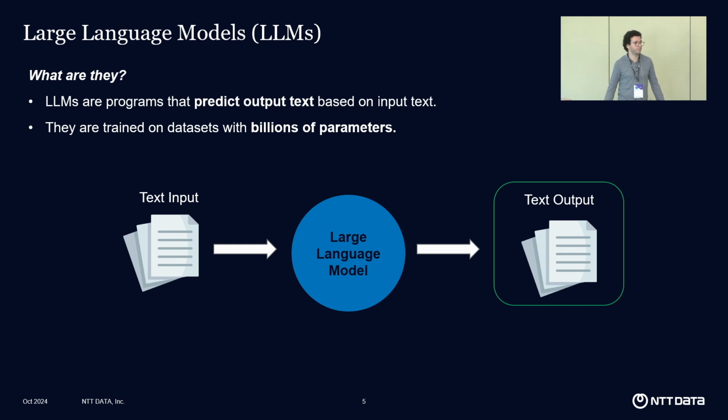Think very basically, you put some text in there, you have a magic black box, it does its thing, and then your output comes out. Of course, LLMs are trained on billions of parameters, huge data sets to be able to do this, but yeah, that's not really important right now. Just you have your input, magic happens, and you have your output.